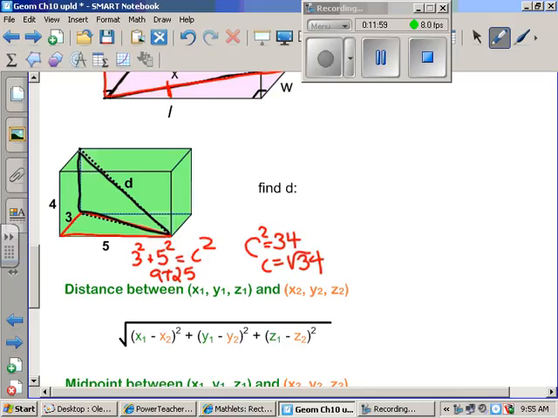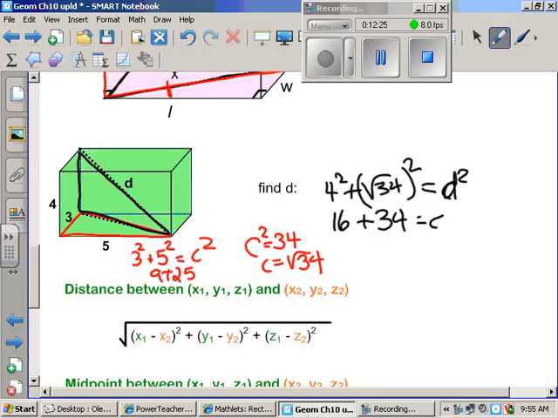So to find D, I'm going to do 4 squared plus square root of 34 squared equals C squared, or D, in this case, D squared. So that's 16 plus, and square root of 34 squared, those cancel each other out, so I just get 34.